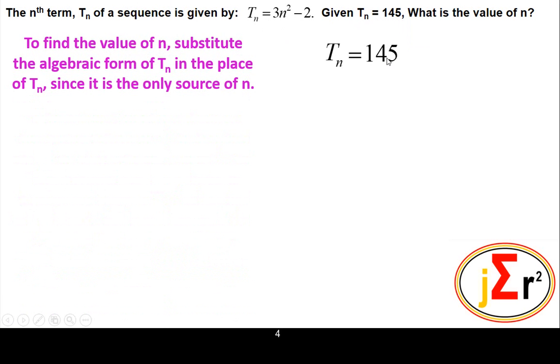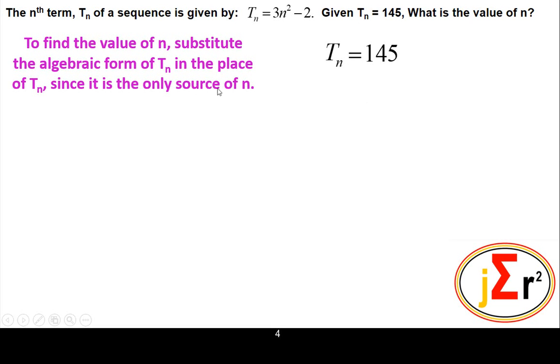If we need to find the value of n, it means that we need to find the number associated with the value of 145. So your term is 145, and we need to know: 145 is what number term?